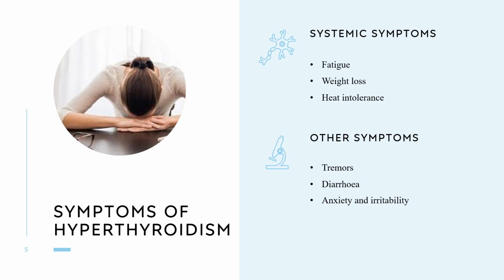Okay, so someone's got hyperthyroidism, maybe it's caused by this tumor, maybe it's caused by an autoimmune condition, maybe it's caused by taking too much medication. Whatever the cause is, the symptoms tend to present relatively similarly, and there are a whole host of symptoms. It can affect all parts of the body in various different ways. The most common symptoms that people will report is feeling tired, feeling fatigued, feeling weak.